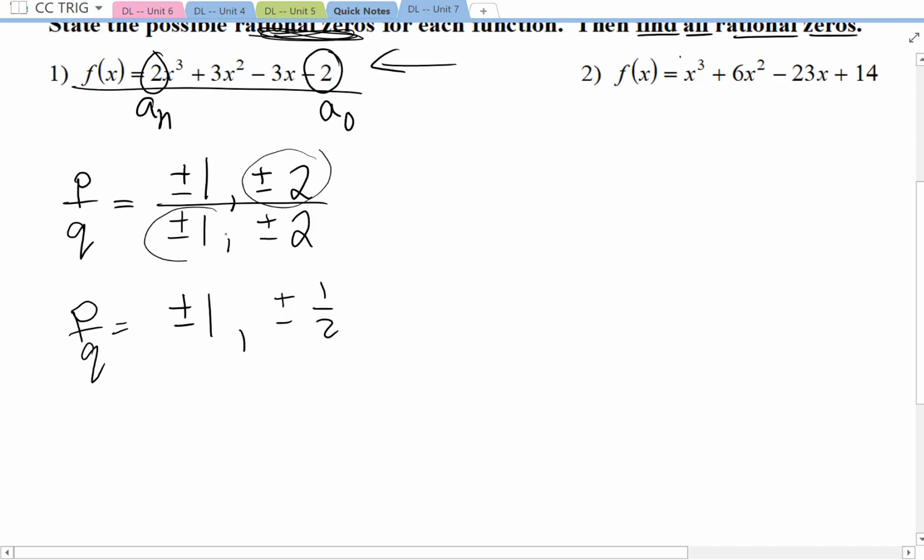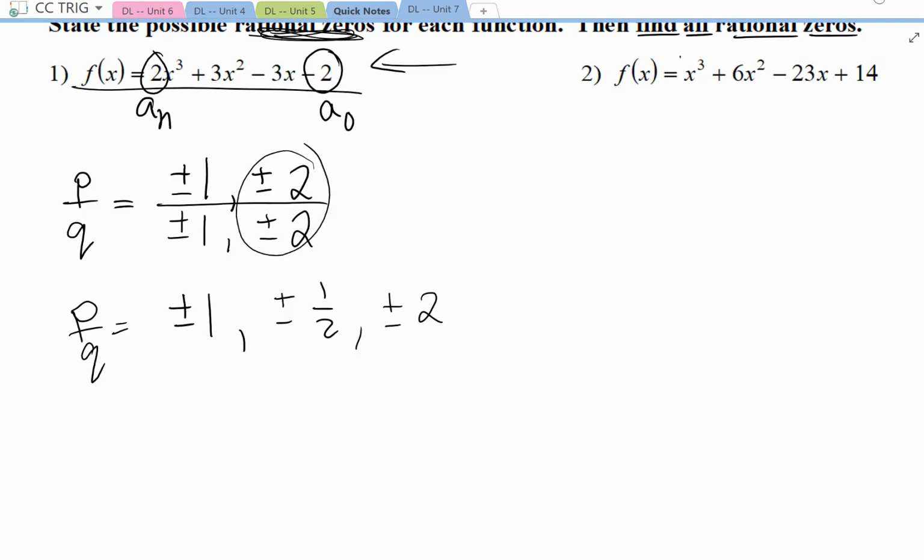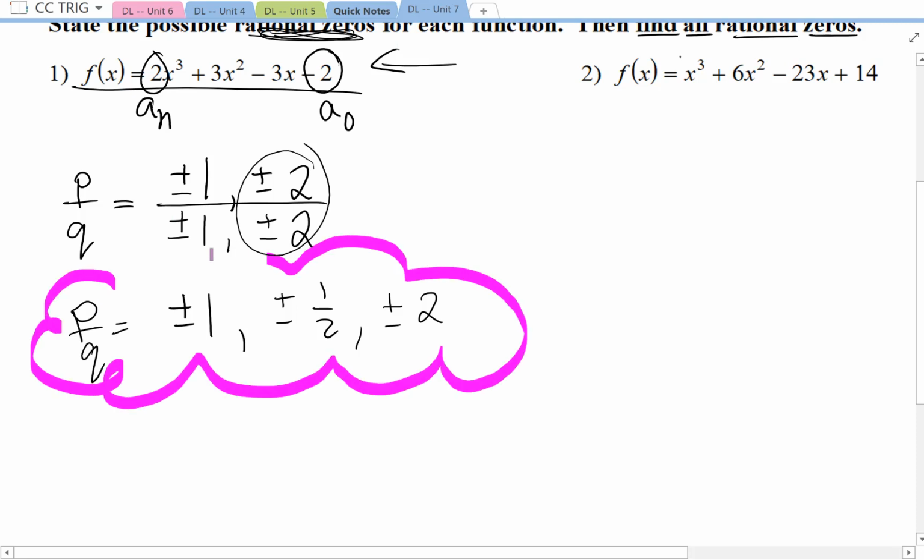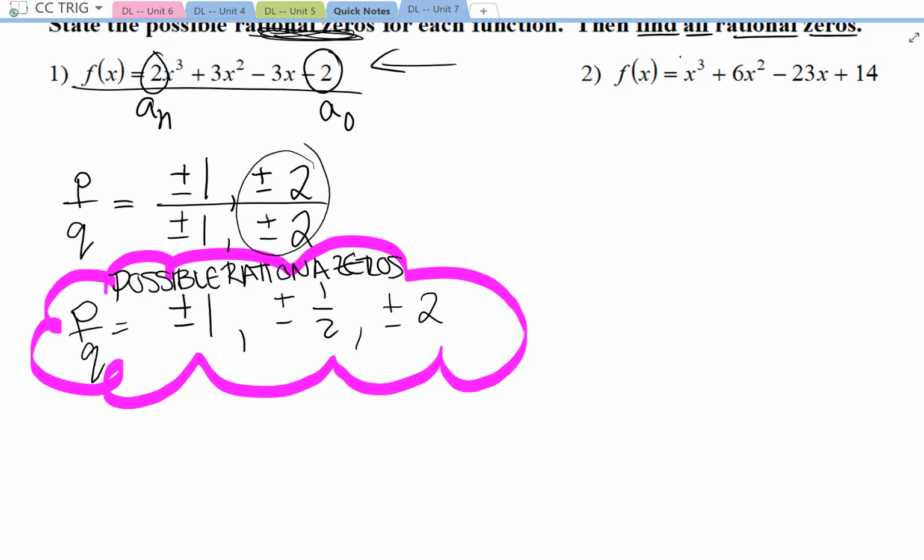Plus or minus 2 over plus or minus 1 is plus or minus 2. Plus or minus 2 over plus or minus 2, well, that's just plus or minus 1, which we already have here. So our possible rational zeros are plus or minus 1, plus or minus 1/2, and plus or minus 2.